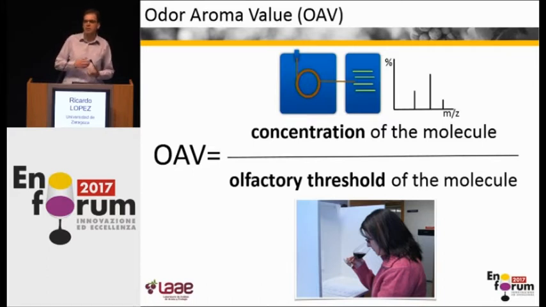So if the ratio is equal to 1 or above, the molecule will be active in the wine, and if it is below 1, it will not be perceived in wine. Of course, this is an oversimplification because our perception of the wine is far more complicated than this, but it could be an acceptable approach to process the data.